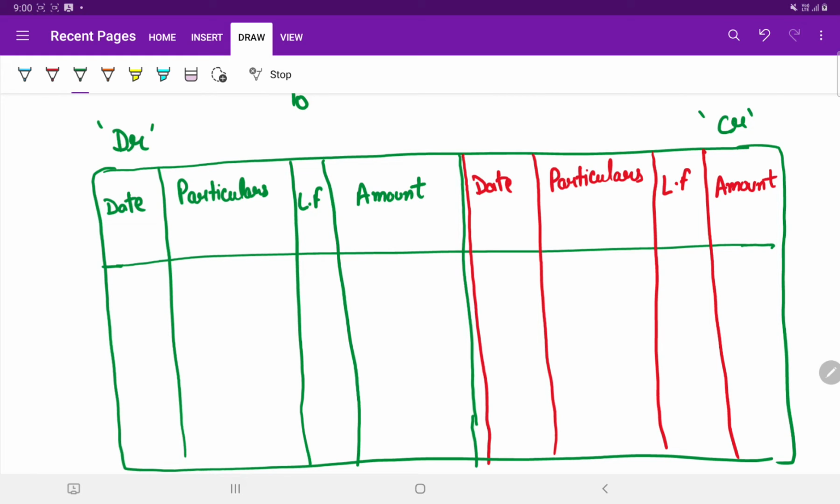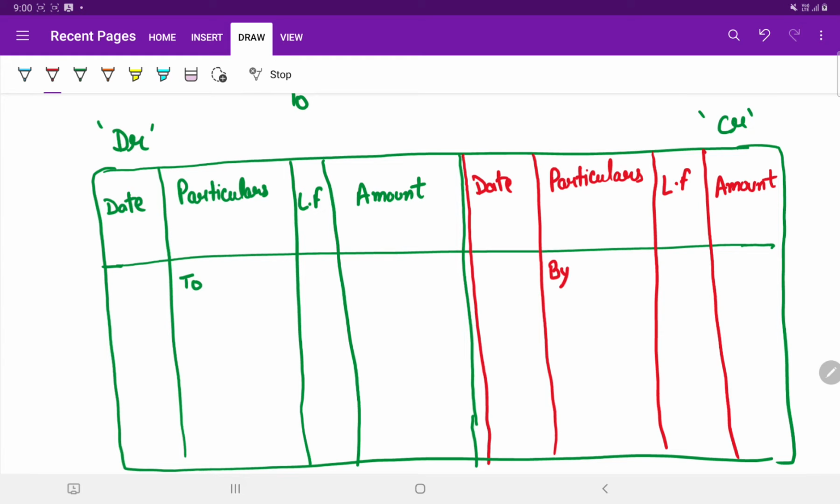Now, this is the total format that is utilized for entries in a single column cash book. So, every time we are writing the entries on the debit side, it will be starting from the word to, and in the case of the credit, they will be starting from the word by.